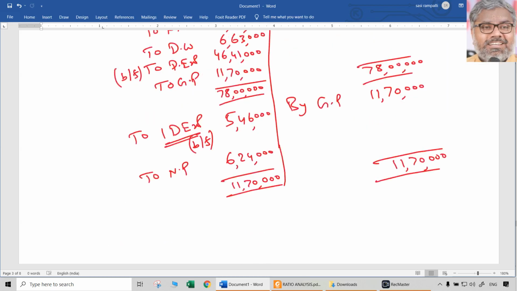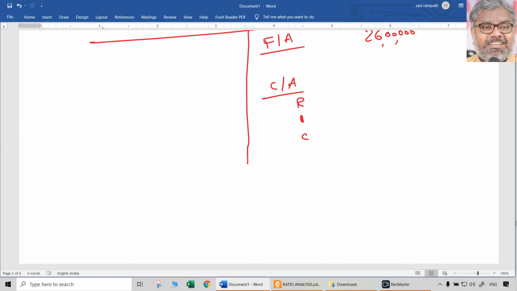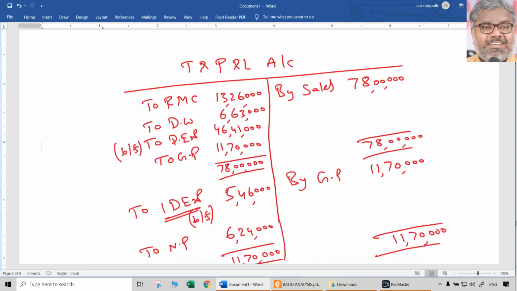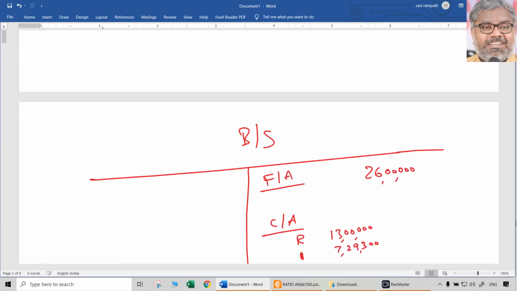Within current assets, receivables how much? We calculated debtors 13 lakhs. Inventories how much? We calculated 729,300 put together. Cash how much?